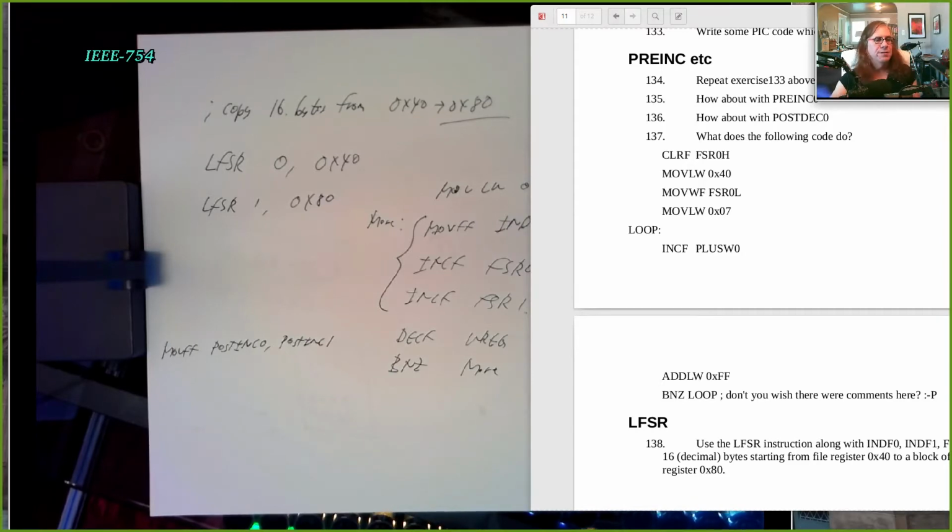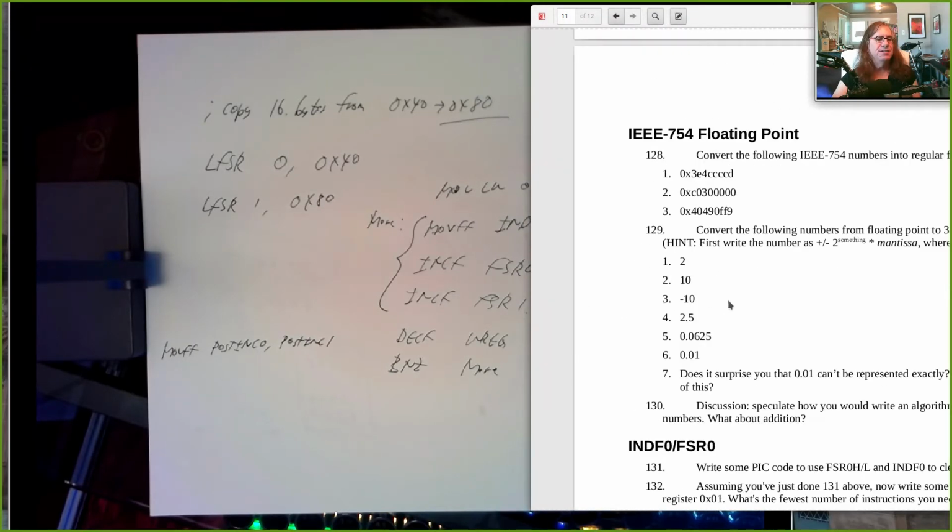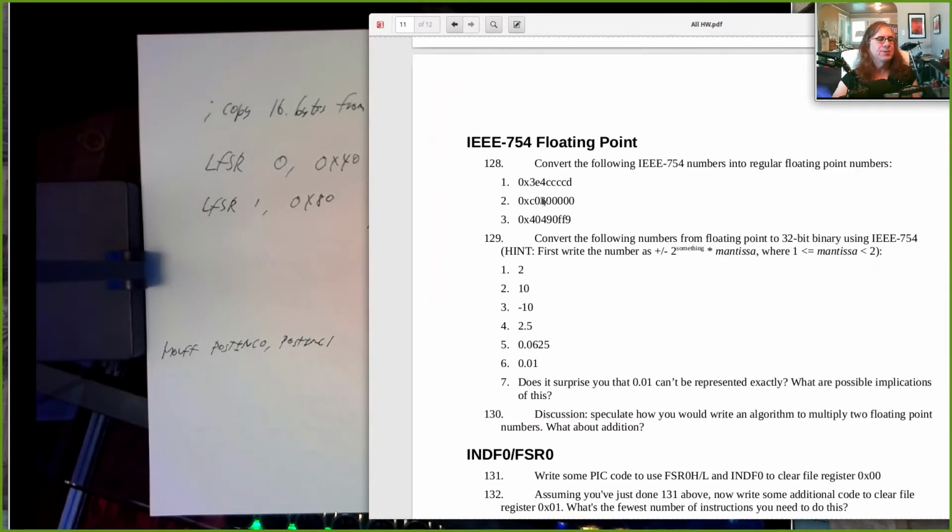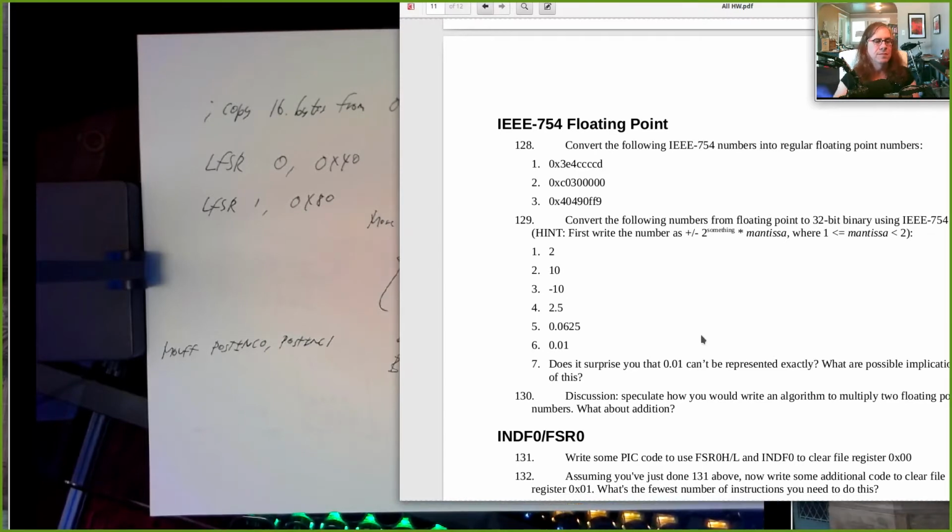All right. Did anybody go back and try the floating point questions from the earlier homework? I looked into it briefly, but I kind of got confused a little bit.